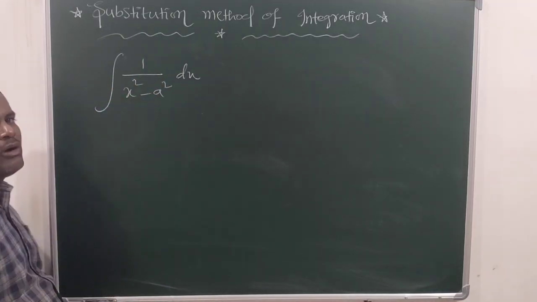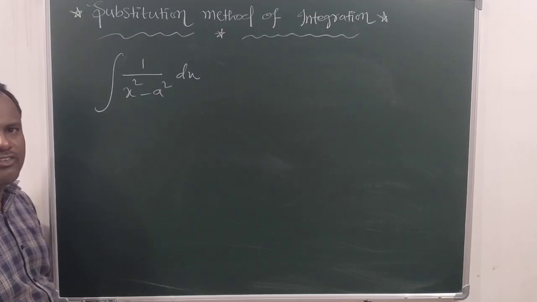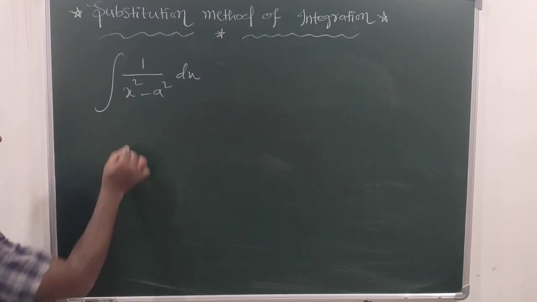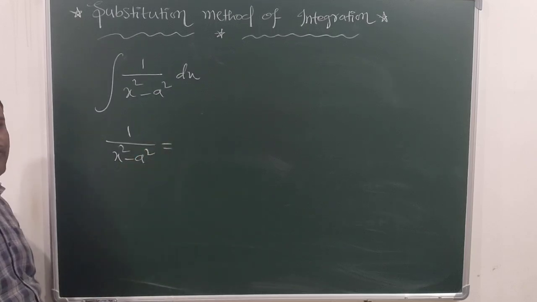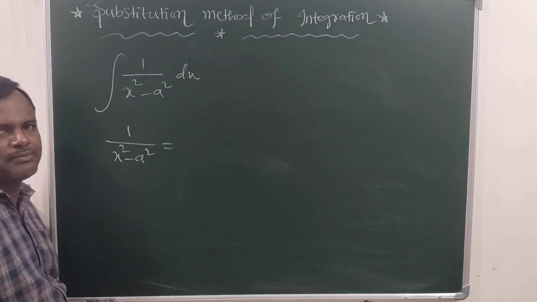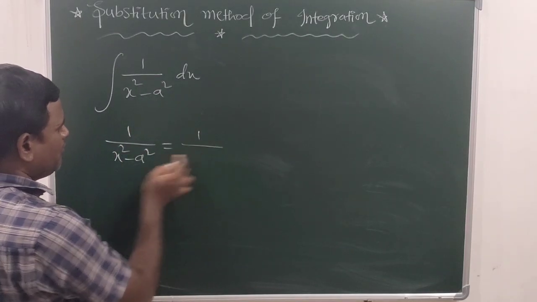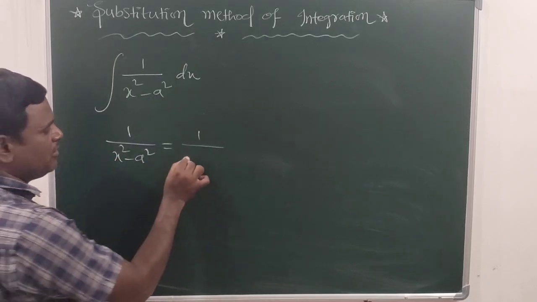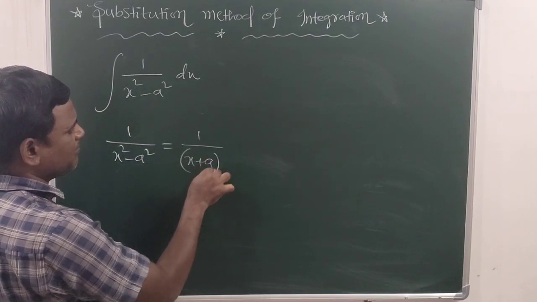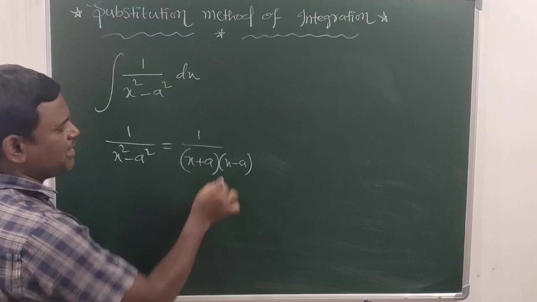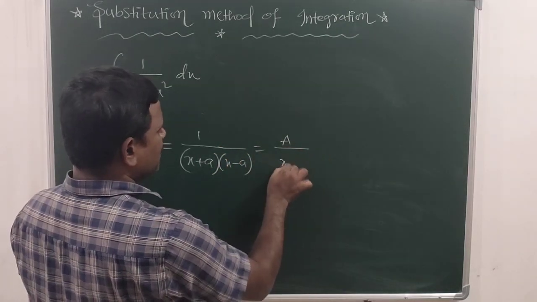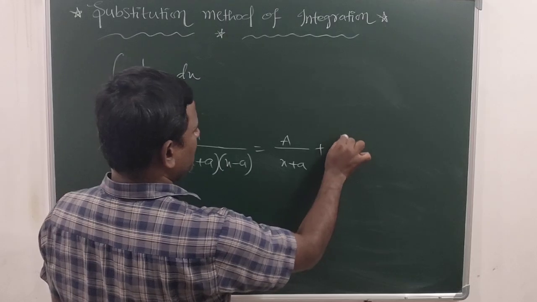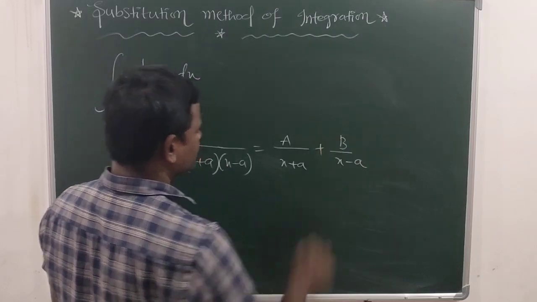This one I am going to answer by the partial fractions concept. First I would like to find the partial fractions of this rational function. So first factorize the denominator. You will get x plus a and x minus a, which is equal to A by x plus a plus B by x minus a.